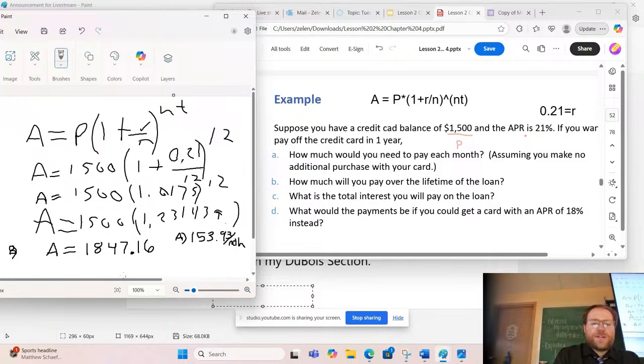So we got A, we got B. Total interest paid would be the difference from the 1,500 that you started with and the 1,847.16 that you'll pay. So the total interest here would be $347.16.